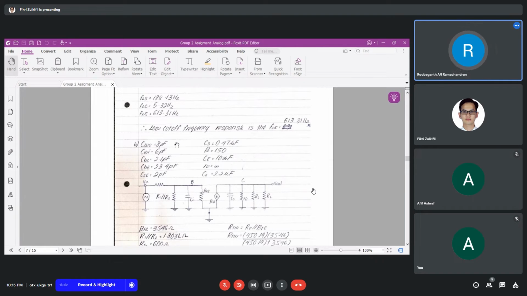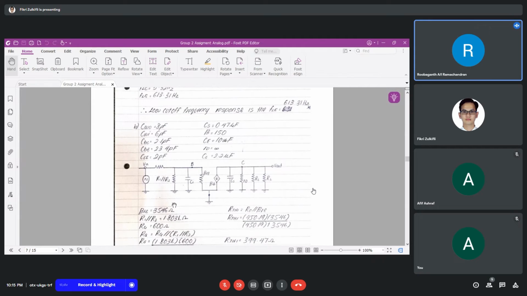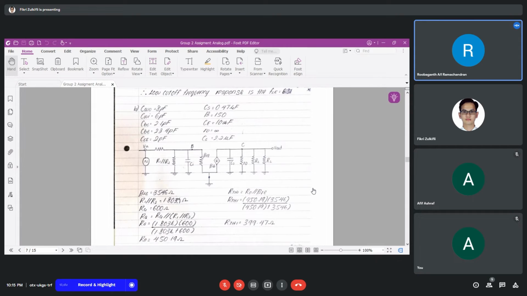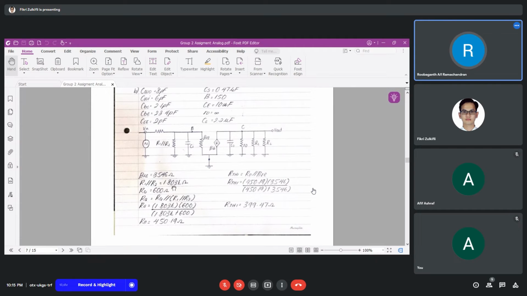So the next is about high cutoff frequency, and this is the RE model based on the circuit, with the same beta RE on the left, beta IB on the right, and the collector. First of all, we need to find beta RE, and beta RE is 3546 because we have calculated it before.